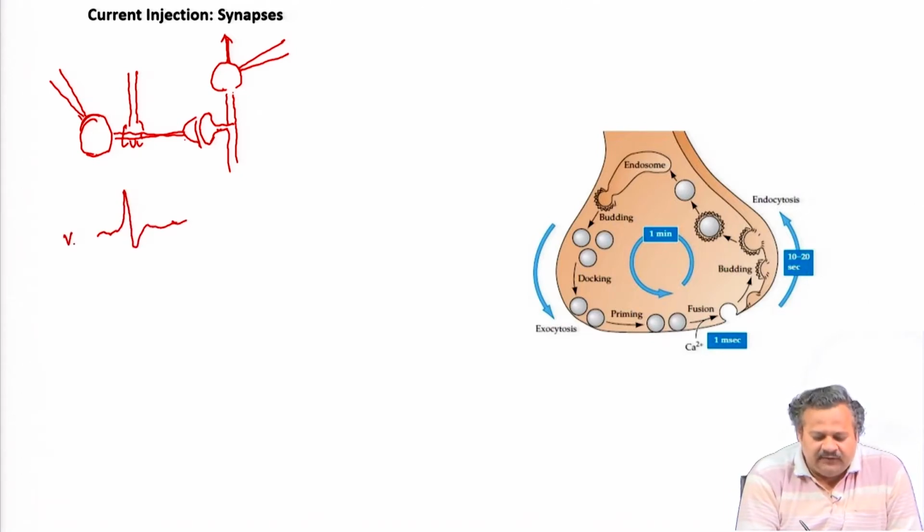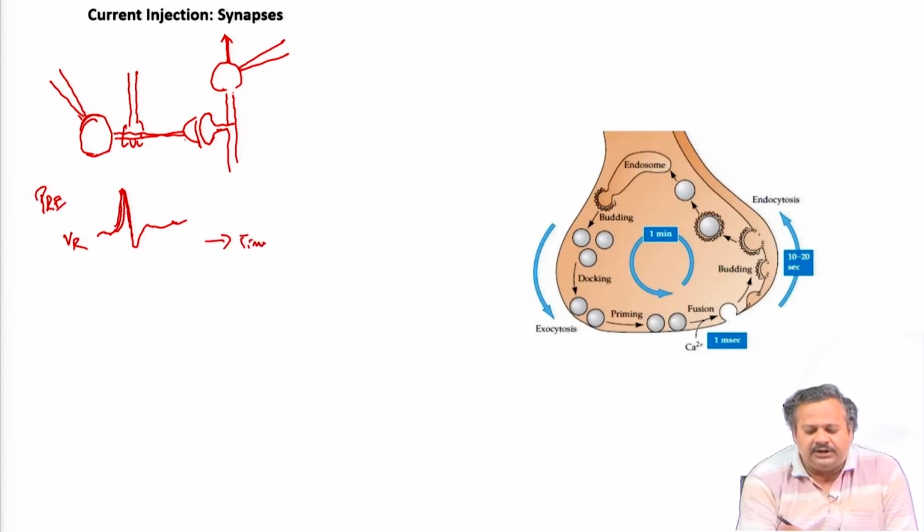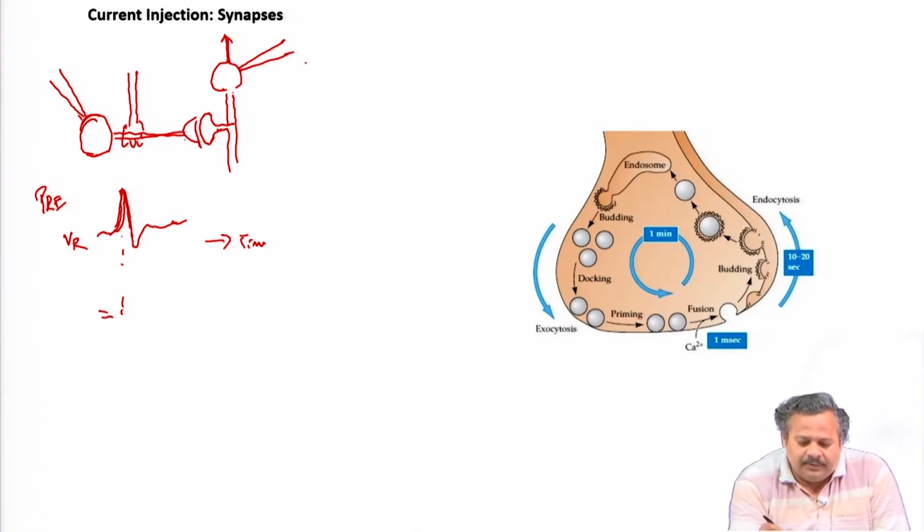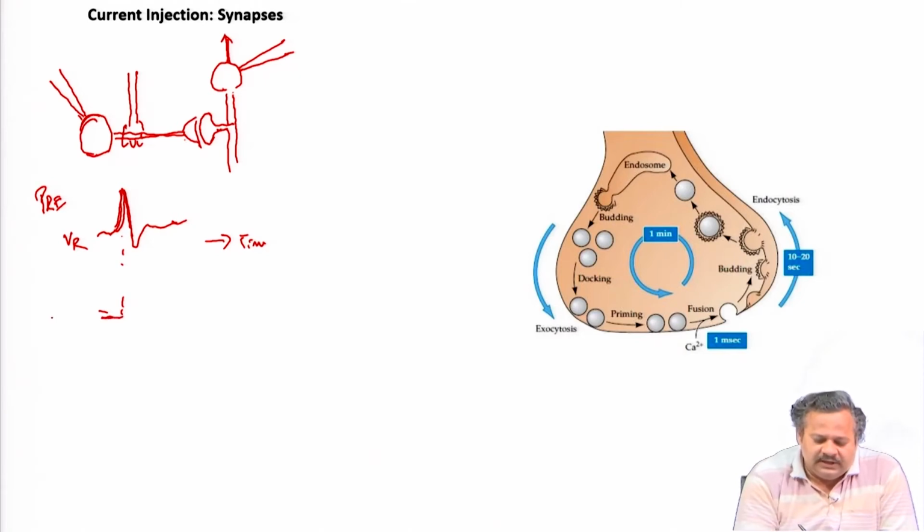Let us say this is V rest of the presynaptic side, this is time, and this is the spike or action potential as we have mentioned in the presynaptic side. And based on this action potential, if we are measuring the voltage on the postsynaptic side through a current clamp, then at a different scale we will see a change in potential like this.